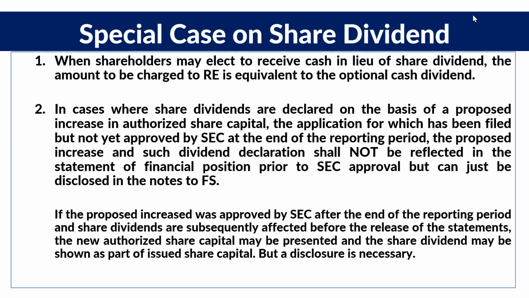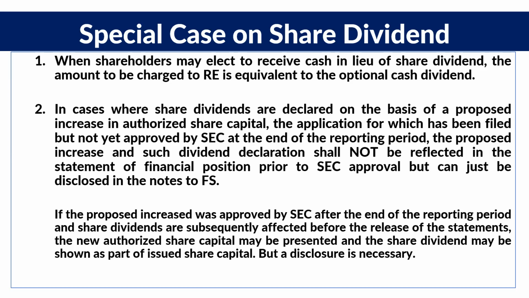And then, in cases where the share dividends are declared on the basis of a proposed increase in authorized share capital that is not yet approved by the SEC at the end of the reporting period. So, they declared share dividends based on the increased authorized share capital. For example, the corporation applied for an increase in authorized share capital from 5 million to 10 million.